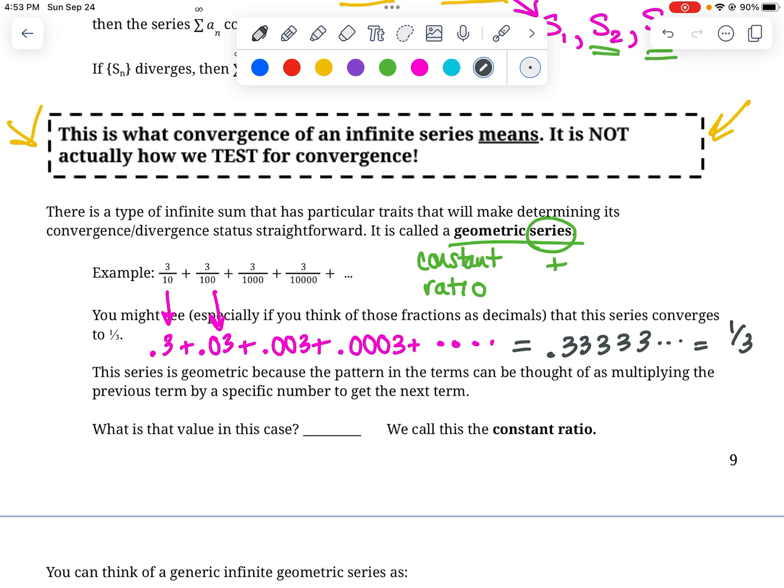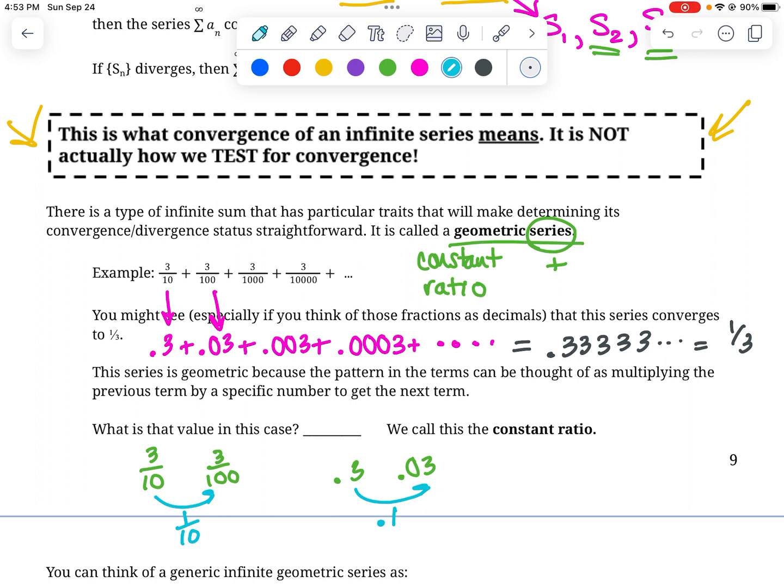So the reason that we can think of this as geometric is because if we look from one term to the next, like let's say from 3/10 to 3/100, or from 0.3 to 0.03 if you prefer, we're multiplying by something, going from one term to the next, and that thing is 1/10. Right? That's why the decimal point moves one place. That's why you get another 0 in the denominator in fraction form.